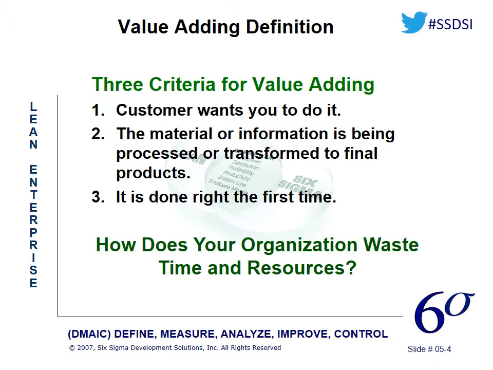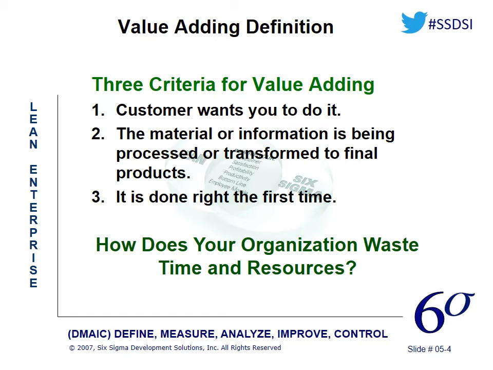The second criteria is that the material or information is being processed or transformed into a final product. Basically, when you're transforming a widget, a product, or a transaction from one thing into another, that is adding value.